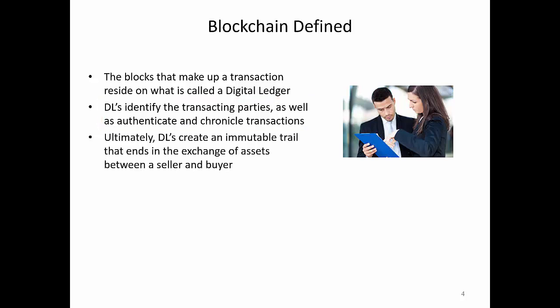Ultimately, digital ledgers create an immutable trail that ends in the exchange of assets between a seller and a buyer. To wrap up the conversation on Bitcoin, the exchange of assets there is the actual Bitcoin itself. Moving into an international trade environment, the exchange of assets is what we've seen throughout history: the sale of goods or services in exchange for monetary compensation, for funds, for money.